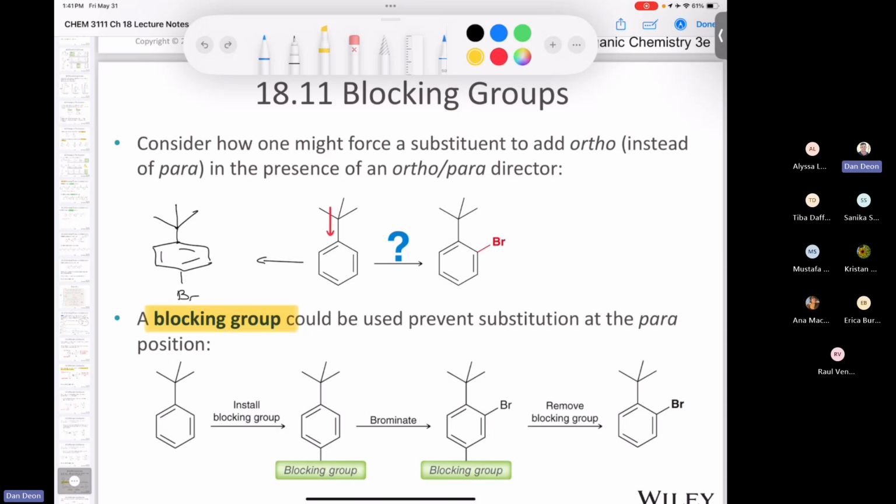If we can block this position, then we won't get anything there, and it will all go in the ortho position, because remember that this is an ortho-para director. It's a weak activator. So the strategy would be what's shown at the bottom. First, you install your blocking group, you install your bromine, and then you remove the blocking group, and ta-da, there you go.